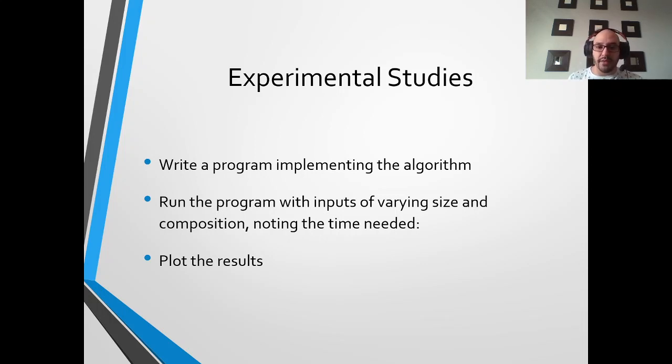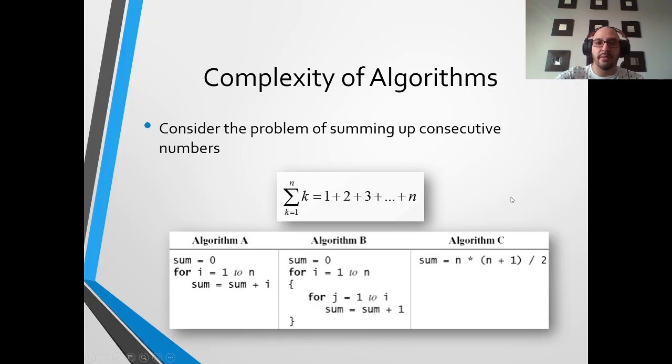To do this, we're going to use three algorithms that do the same thing. We talked about this in a previous class, which is the problem of adding up consecutive numbers. So suppose you're trying to add up 1 plus 2 plus 3 plus 4 all the way up to the end value n, and n would be any natural number.